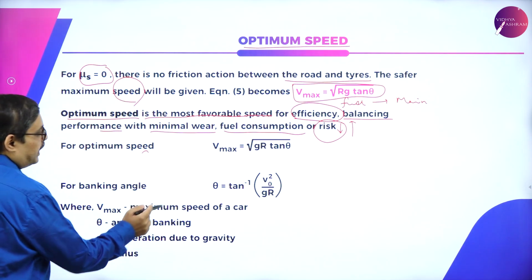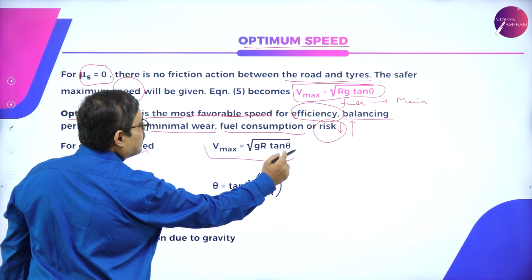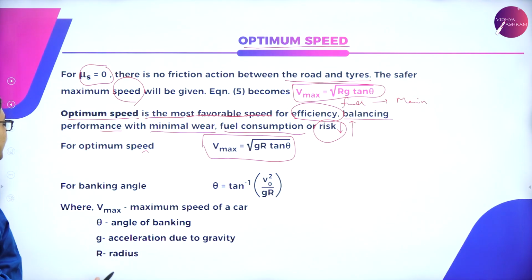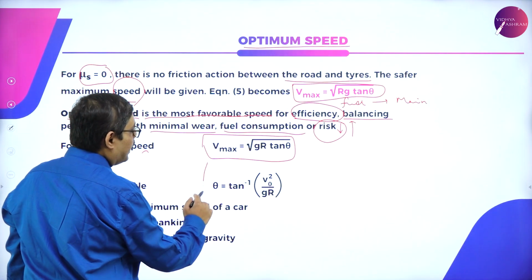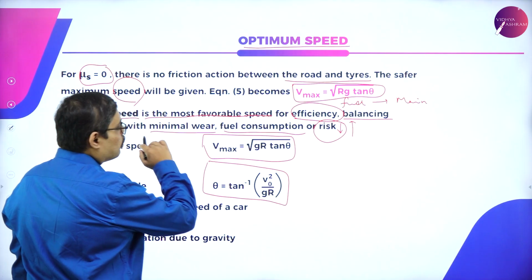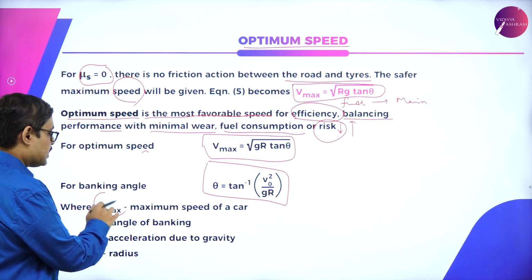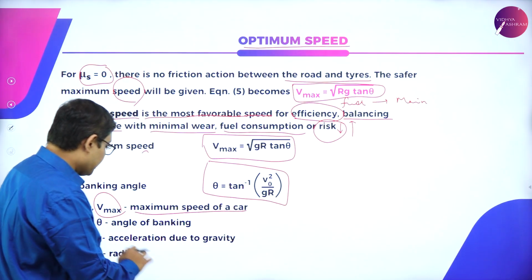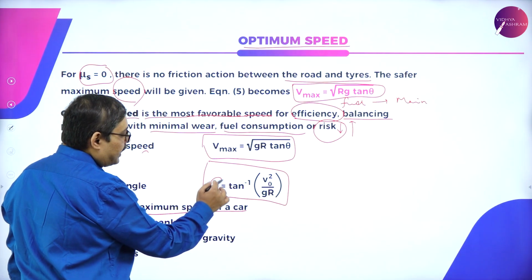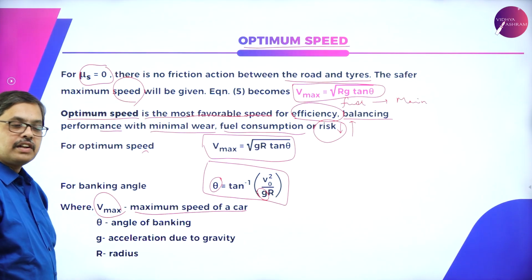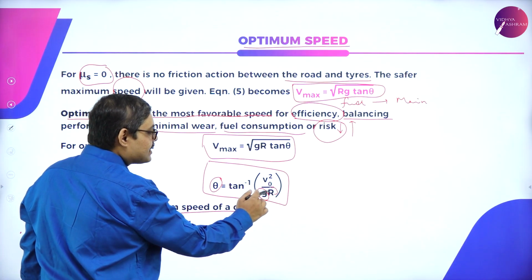For optimum speed, V max is given by the square root of rg tan theta. The banking angle theta is given by tan inverse of V naught squared by gr, where V naught or V max is the maximum speed of the car, theta is the banking angle, g is the gravitational acceleration, and r is the radius of the circular path.